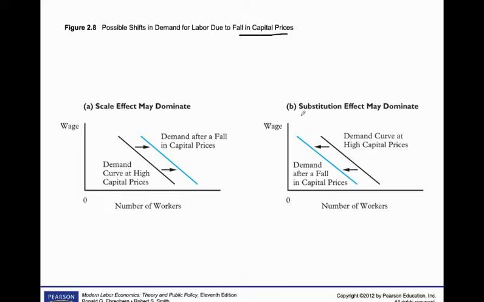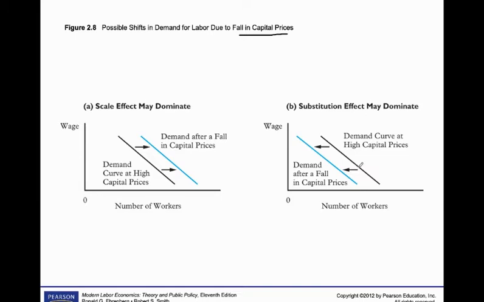On the other side, when we consider figure B, again we start with the falling capital price, and in this case we assume that capital is a substitute input to labor. So a falling price of capital means firms would now use more capital in the production process, and because of that, this firm no longer needs to use more labor.